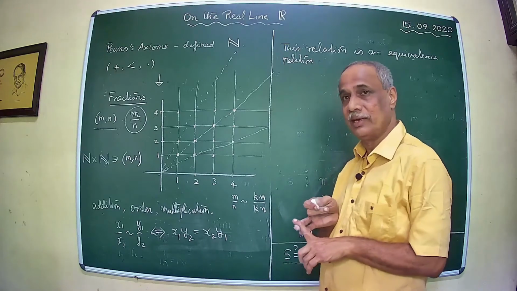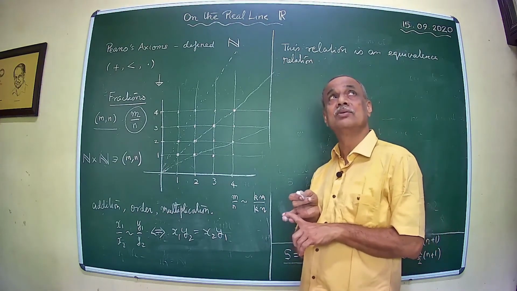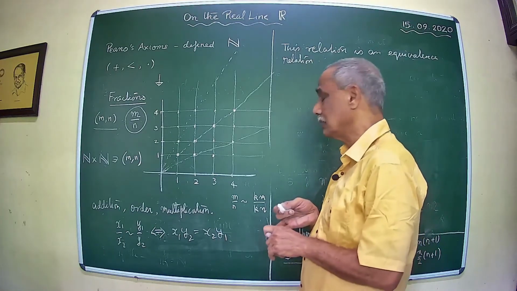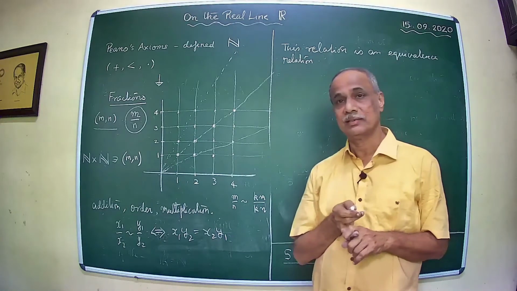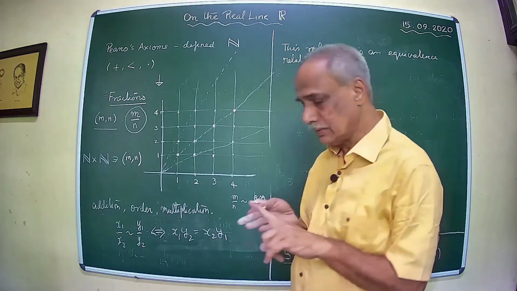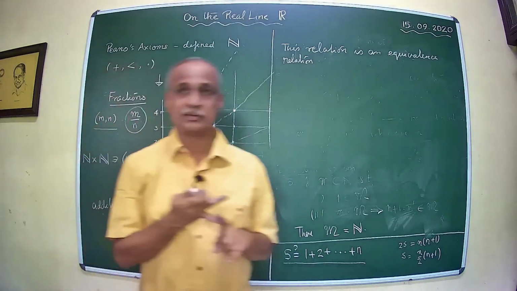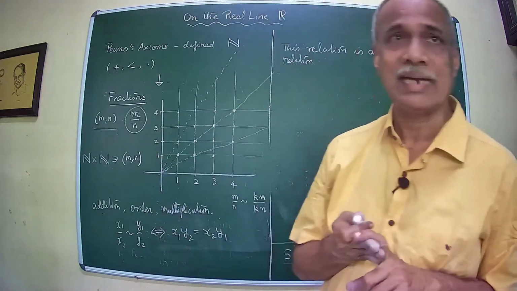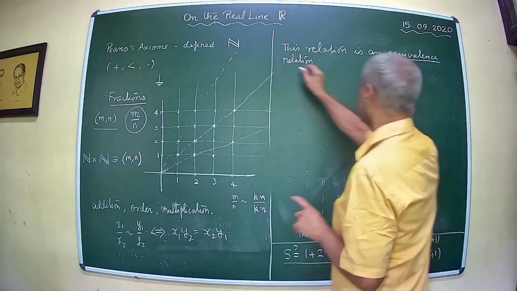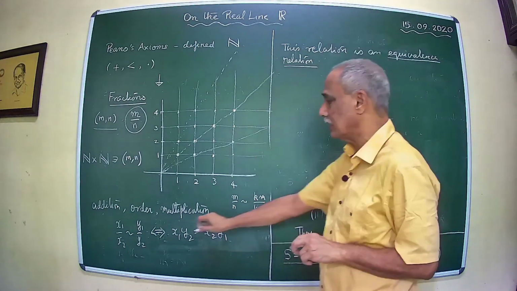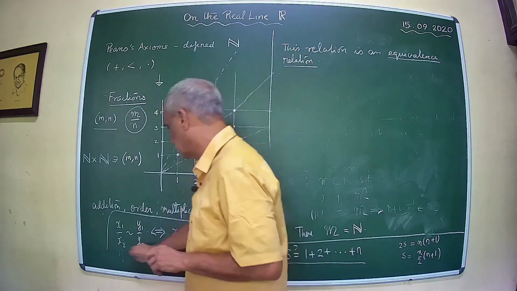If x is related to y and y is related to z implies x is related to z, then you say it is transitive. Okay. So a relation that is reflexive, symmetric and transitive is what you call an equivalence relation. So you can check that this relation is an equivalence relation.